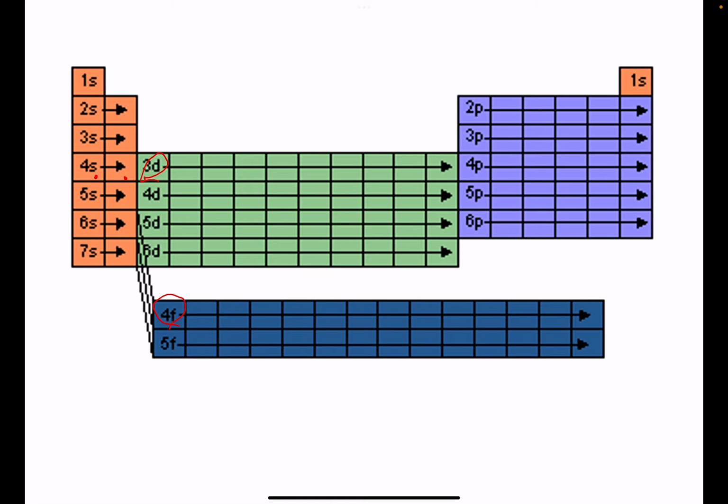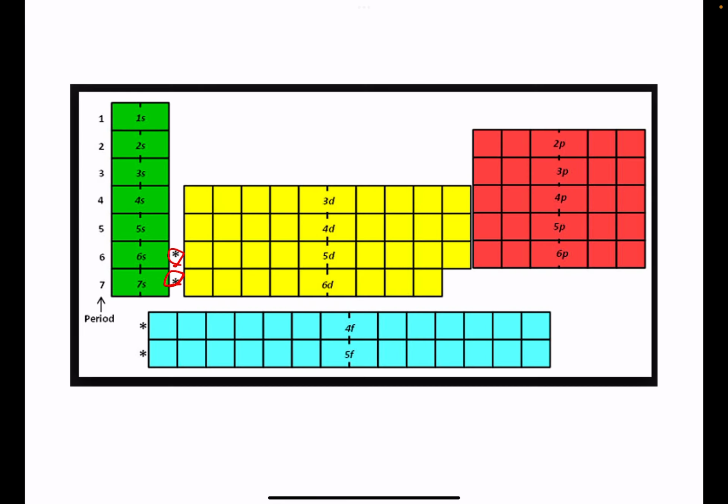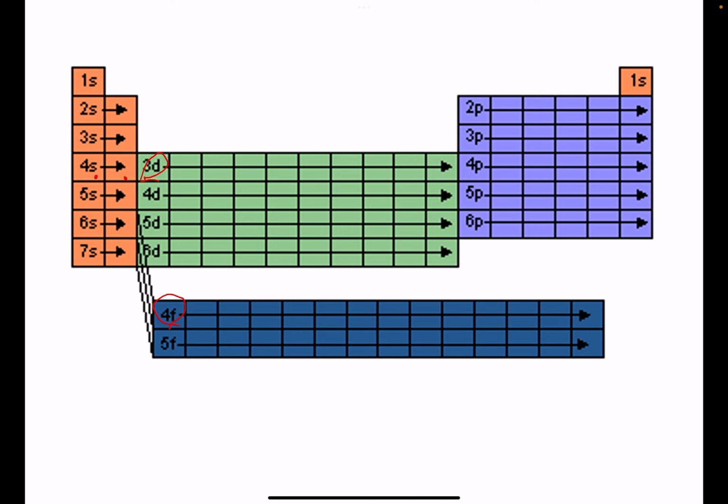So for our D block, we're going to take our number of periods, which is our number of energy levels as well, our period number, minus 1. We know the energy levels are represented by the period number.